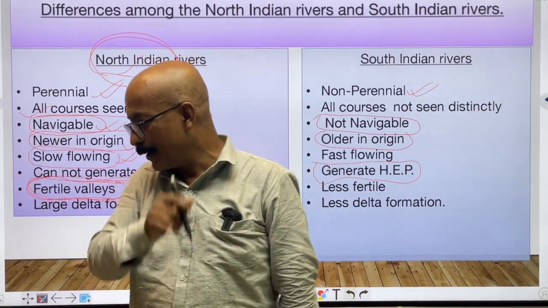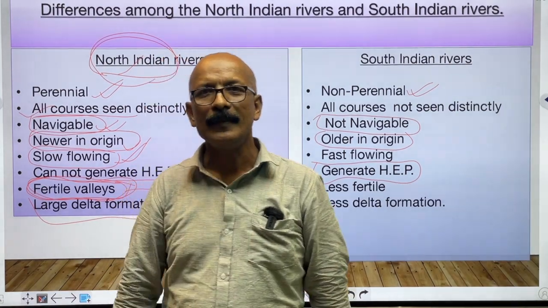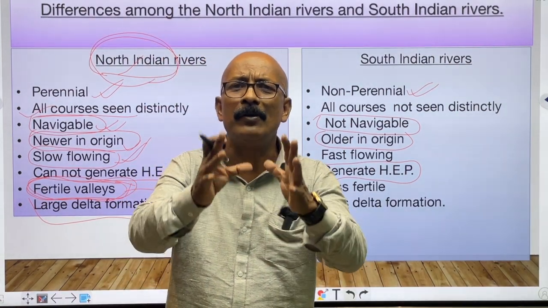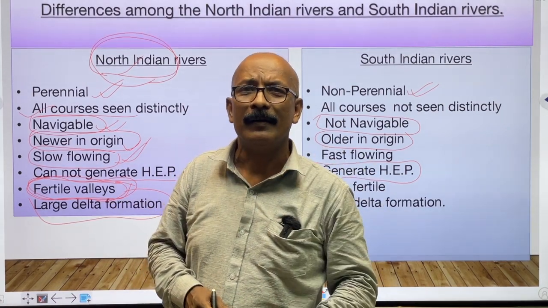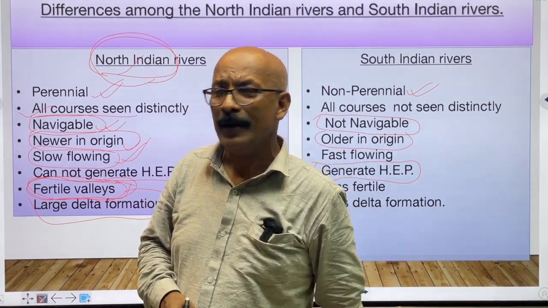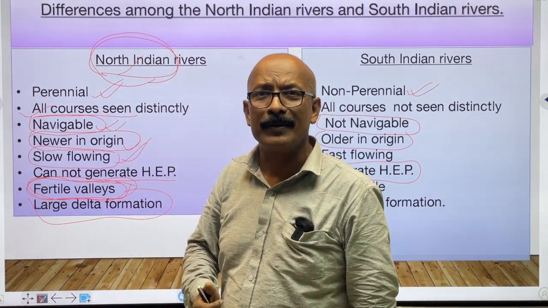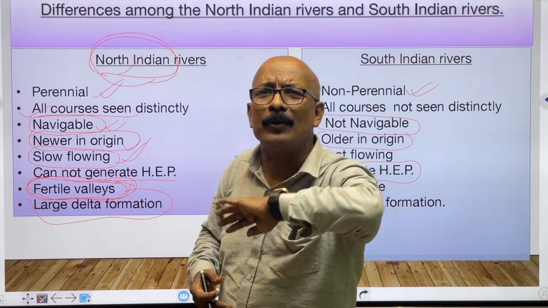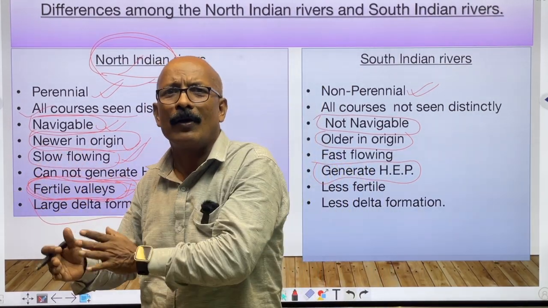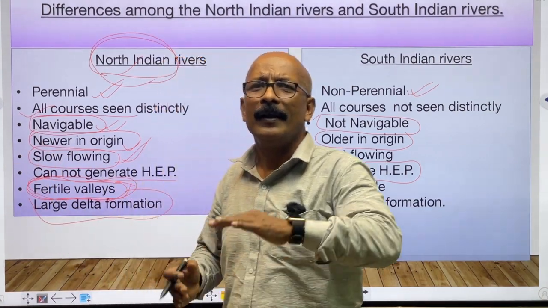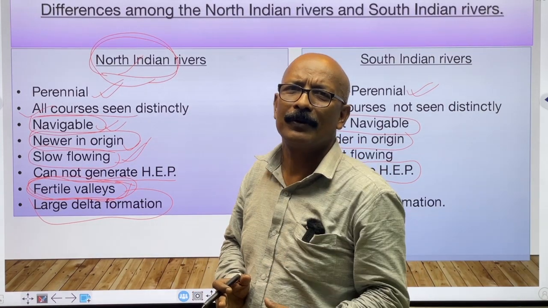Last but not the least, larger delta formation. The size of a delta will depend upon the discharge of the water. The rivers that originate from northern India or from the Himalayan mountain system carry huge amounts of water, and ultimately when they meet the sea or the ocean, they give rise to larger and larger deltas at the mouth of the river.